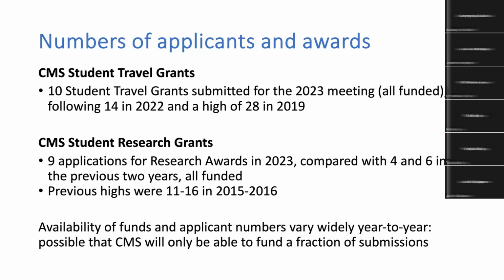It's possible that the CMS will only be able to fund a fraction of the submissions. It's also possible that we'll be able to fund lots and lots of submissions. And so the best thing to do is to just apply. That way you know that you've got a good chance of receiving that award.